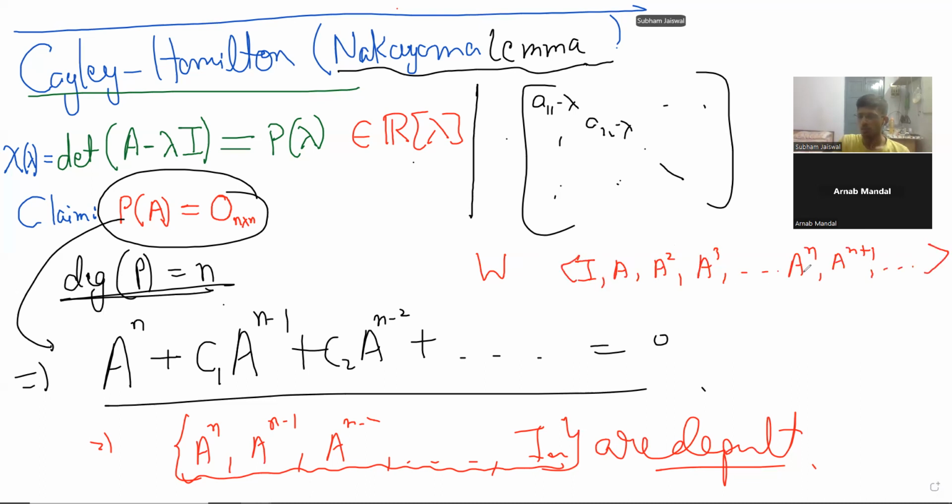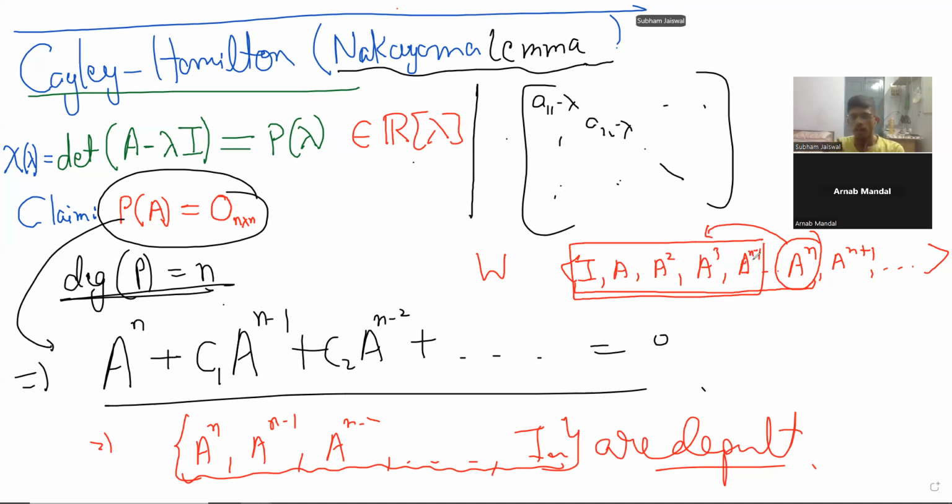And in this generating set, we have already explained that there is a dependence. We have explained that A to the power n can be generated using these things. Correct or not?